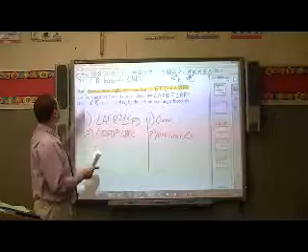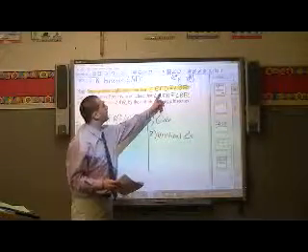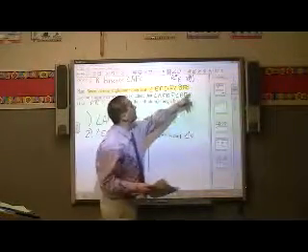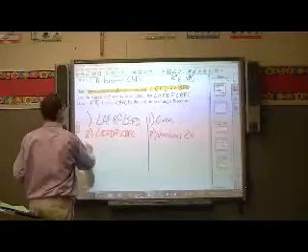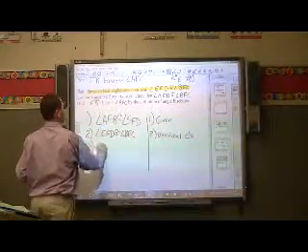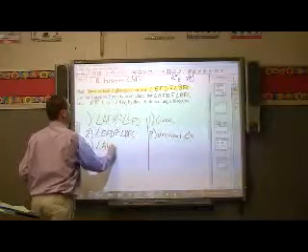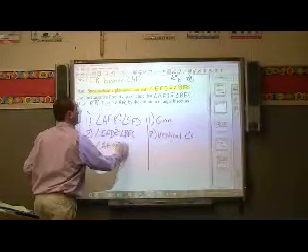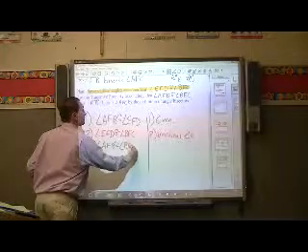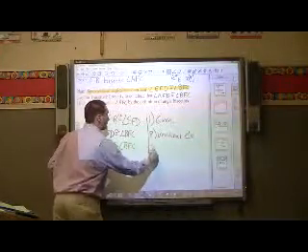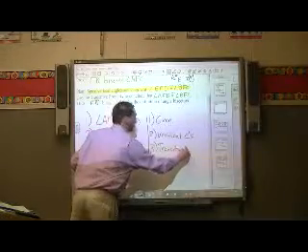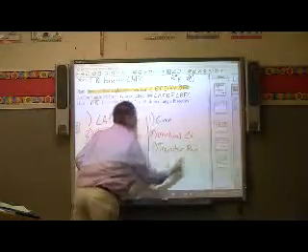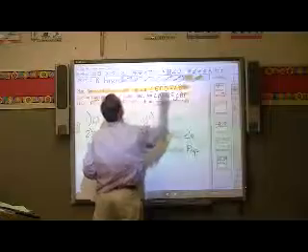Second part is use the transitive property to conclude that AFB is congruent to BFC. So, that's what I'm going to do. Angle AFB.